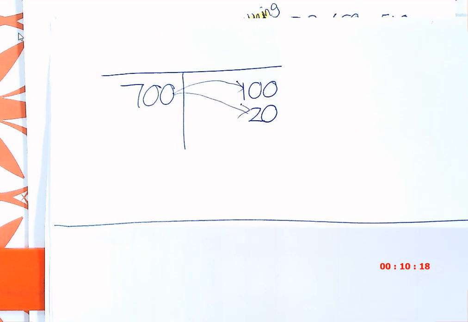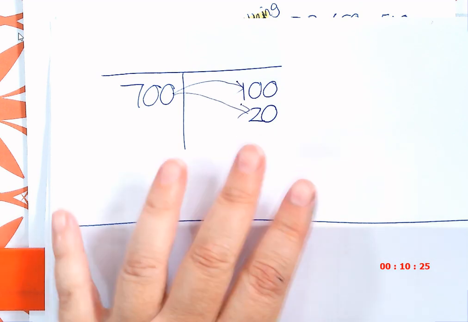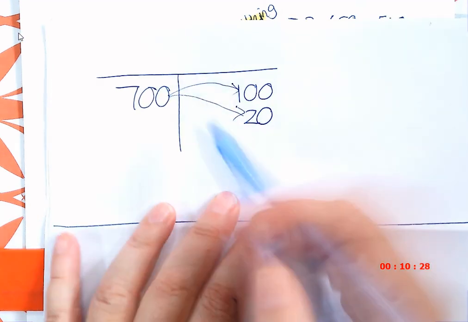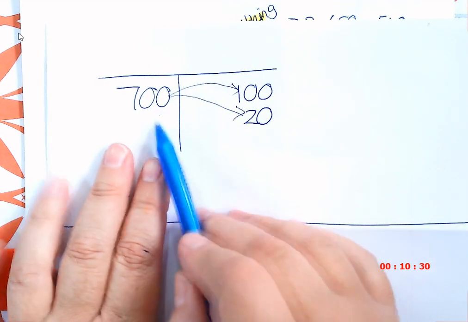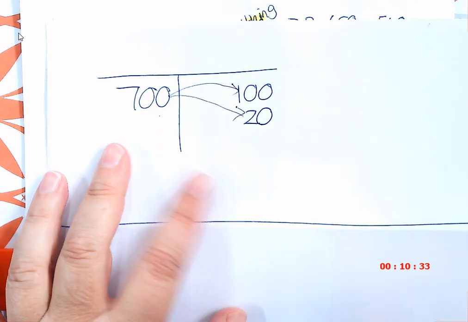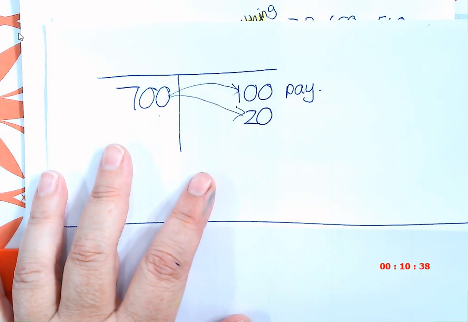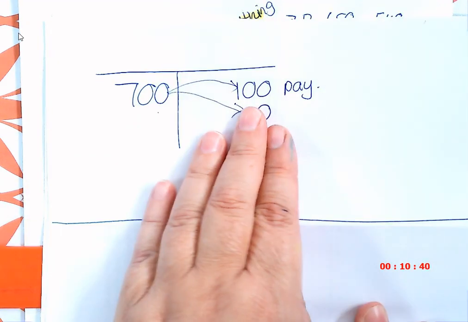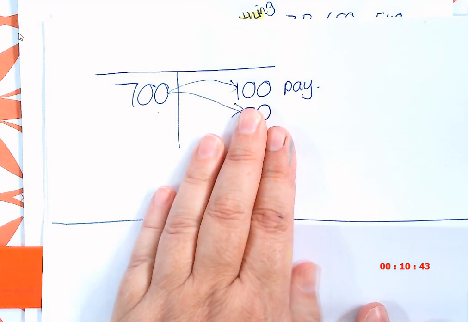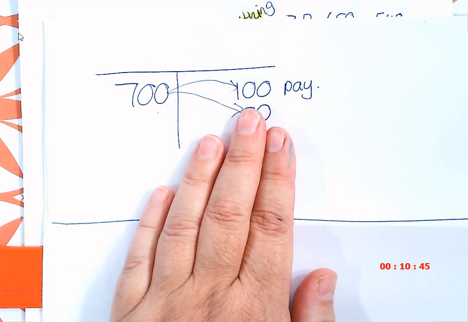You still don't get it? Are you still lost? So in other words, what happens is this guy has got debt, right? He owes me 700. He's going to physically pay me 100. I pocket the 100. So now he owes me 600. Now I say to him, because you paid within 30 days, according to the T's and C's, I need to give you a discount.